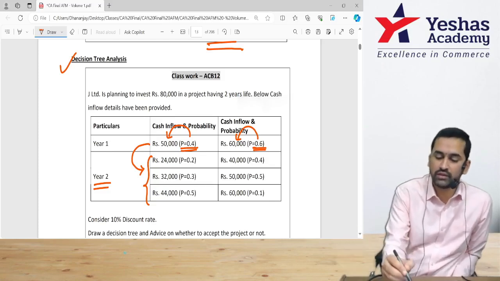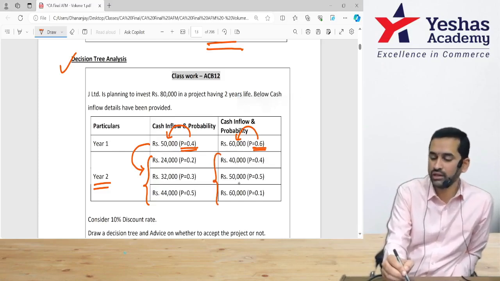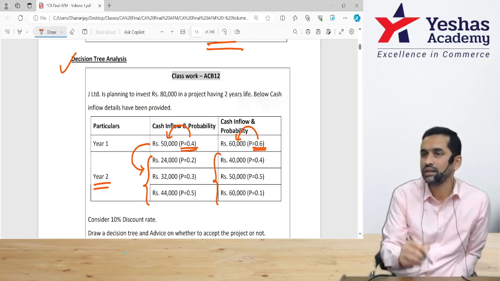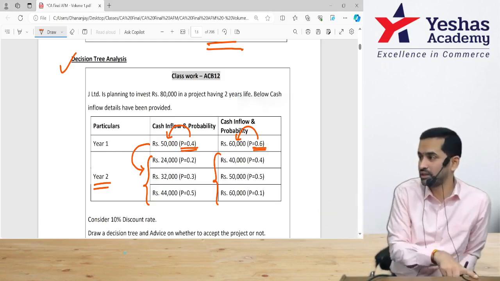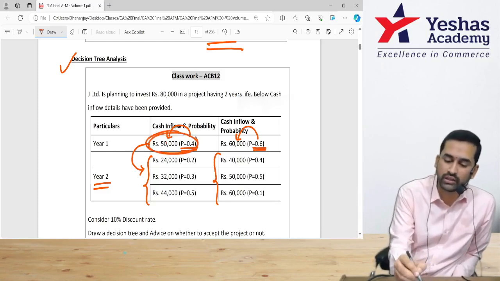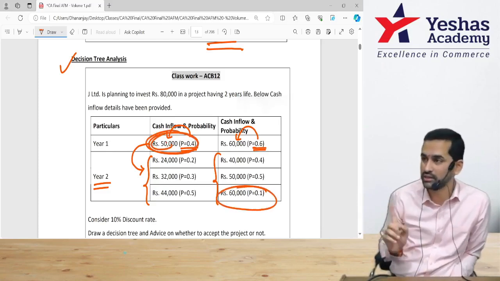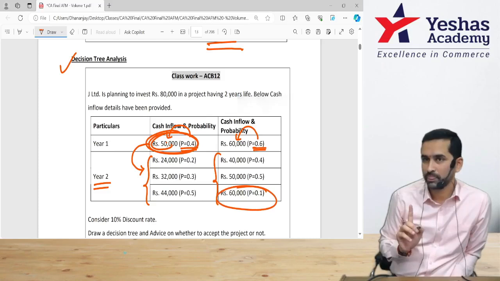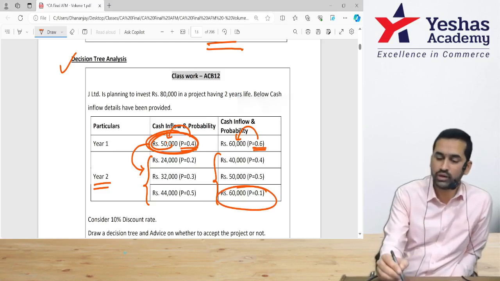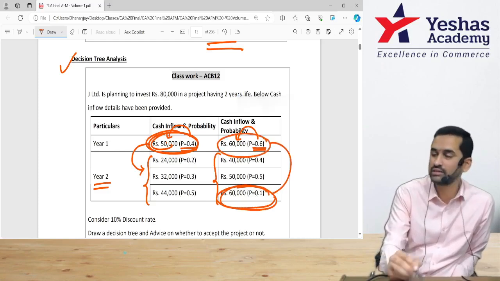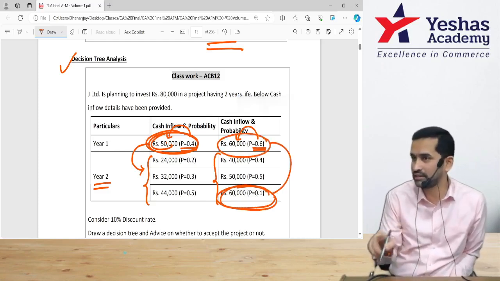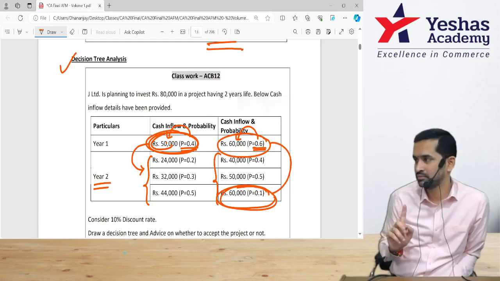But if in the first year I'm earning 60,000, then my second year will be either 40 or 50 or 60. That means second year cash flow is dependent on first year cash flow. You cannot earn 50,000 in first year and expect 60,000 in second year. If you want 60,000 in second year, there is 10% chance, and that too after earning 60,000 in first year. That itself has 60% chance.